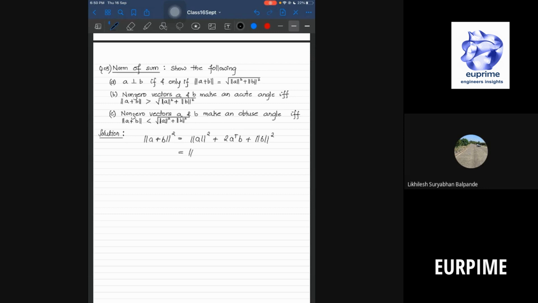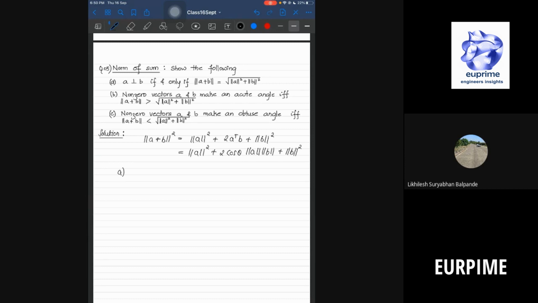We can also write this as norm of a square plus 2 cos theta norm of a into norm of b plus norm of b square.